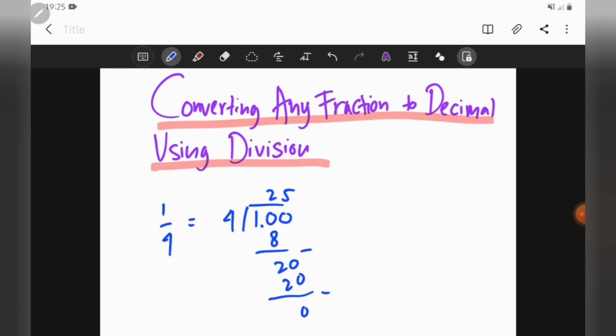Once again, do not forget to bring the decimal point up here. So it is .25. And to make it proper, put a 0 in front. So it is 0.25. Okay, like so.